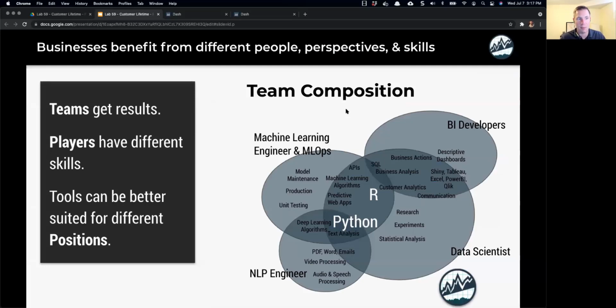I started thinking about and talking with businesses where they have these different people that are all part of their collective data science team. And some of them know R, some of them know Python. Some of them are better in certain aspects, like maybe machine learning operations, or maybe they're more research analysts, or maybe they're big data people.